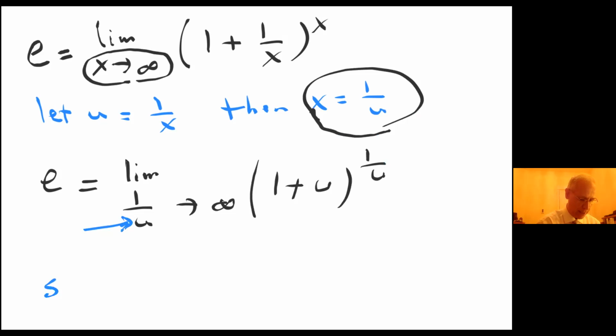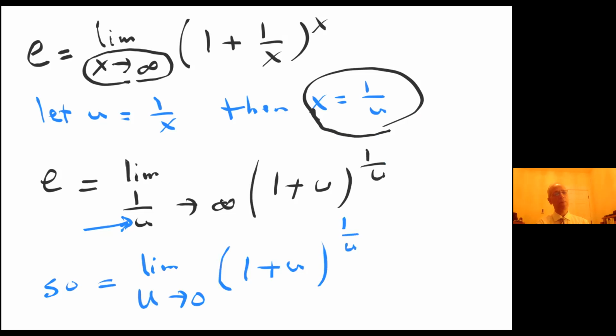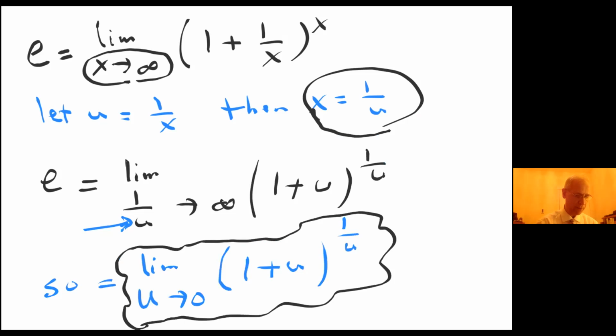So the limit as 1 over u tends to infinity is the same as saying u tends to 0, of 1 plus u to the power of 1 over u. And I'm going to use this last part for part of the proof that I need.